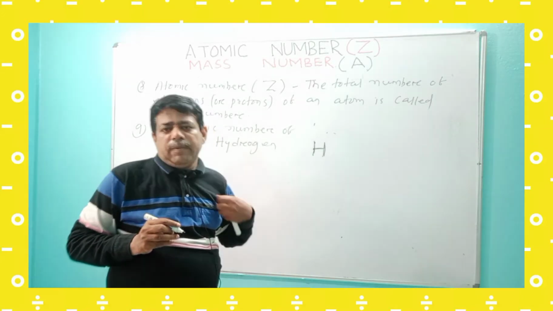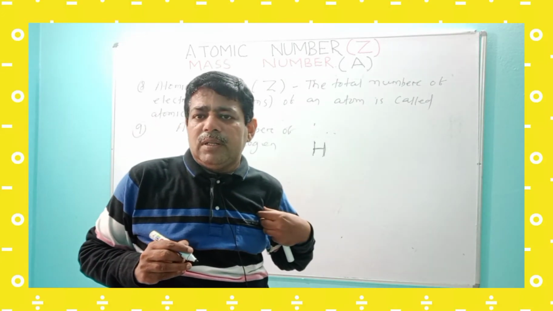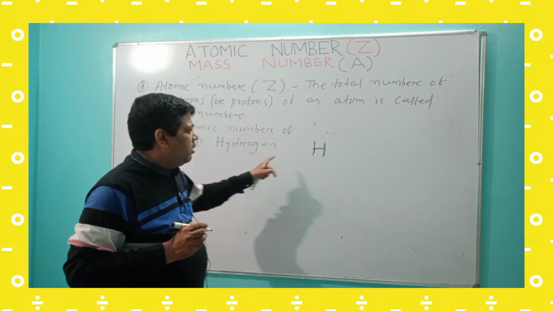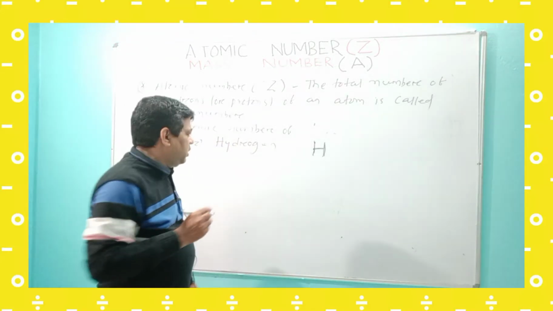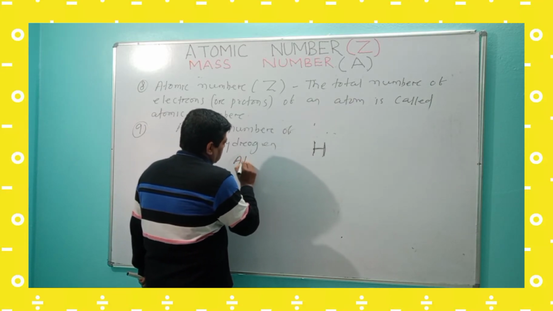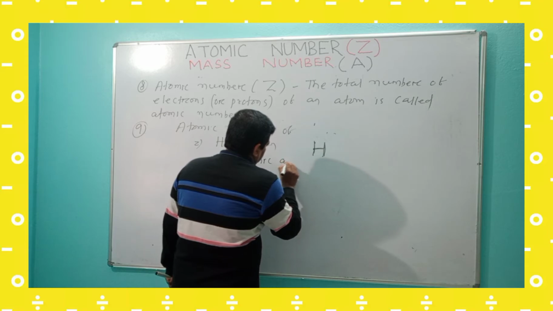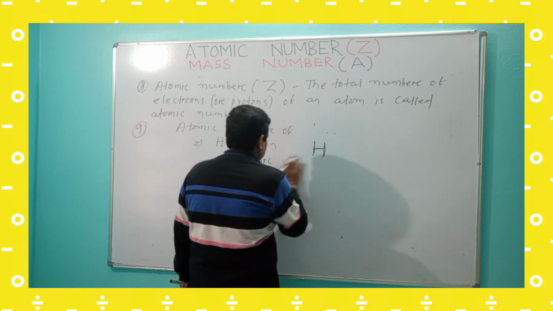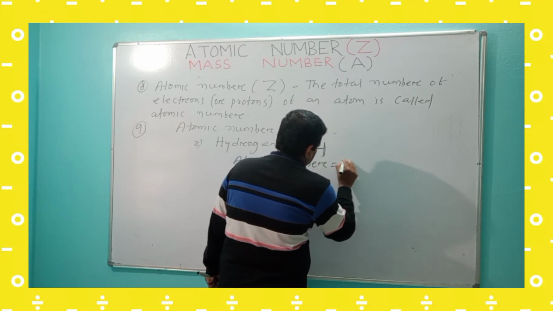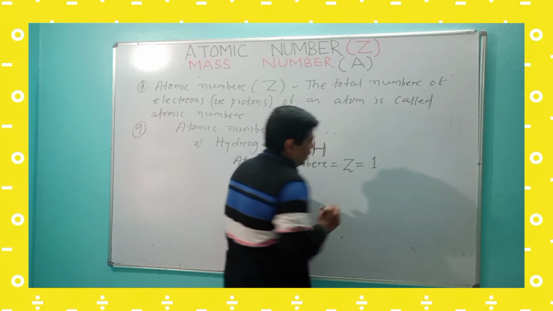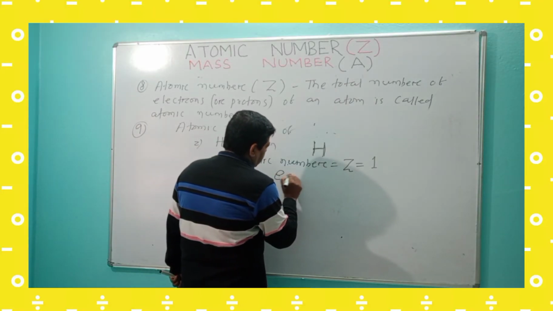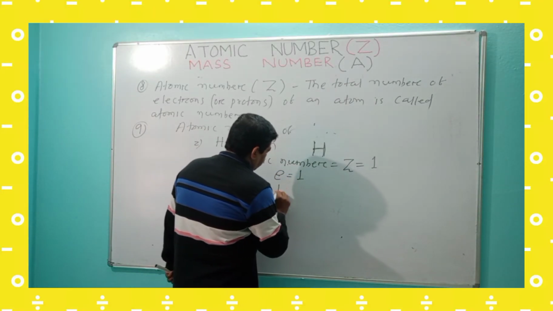The abbreviation name of an element is called its symbol. The symbol of hydrogen is H, and its atomic number is Z equal to 1. What does it mean? It means that the number of electrons is 1, and the number of protons is also 1.